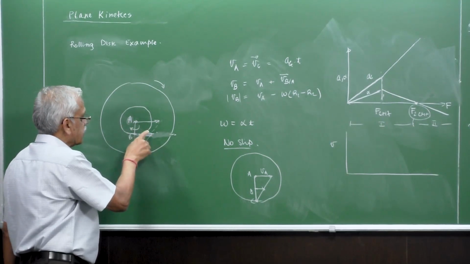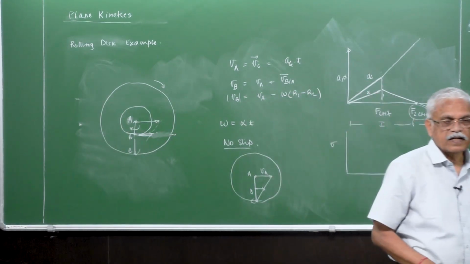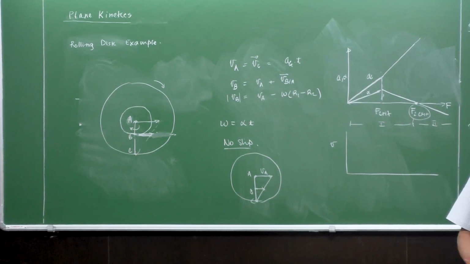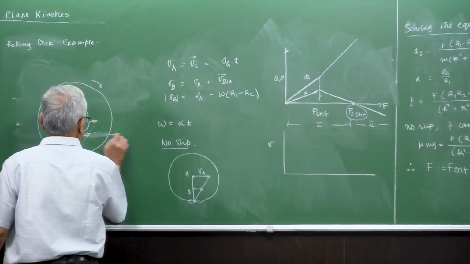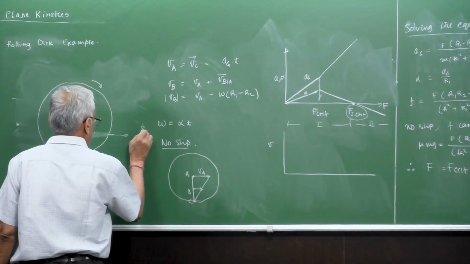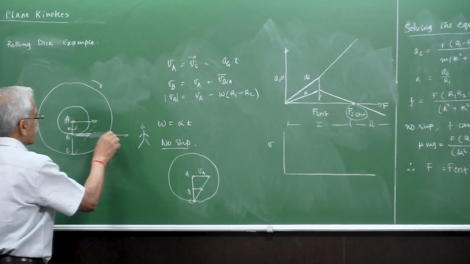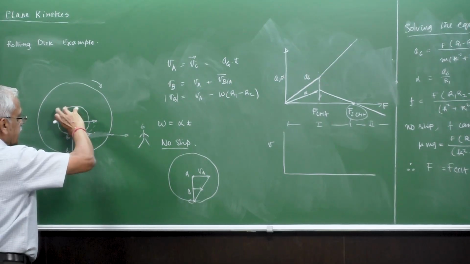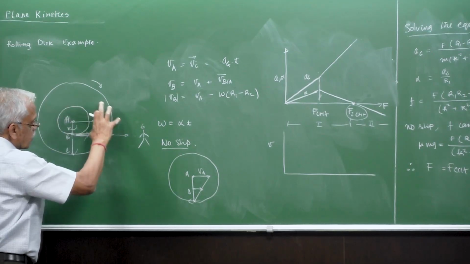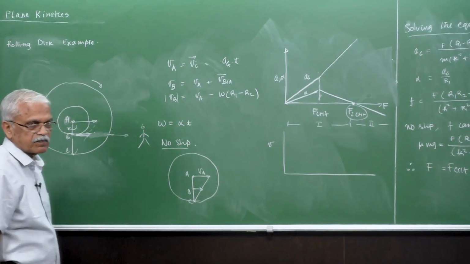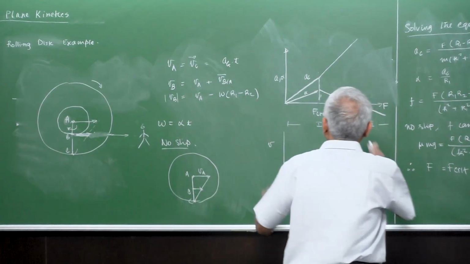Okay, so that means in this situation the drum is rolling over the rope. If somebody is trying to pull this rope, then the point A moves faster than point B, and then the drum rolls over and catches up with the person who is pulling it. Okay, so that is the situation.